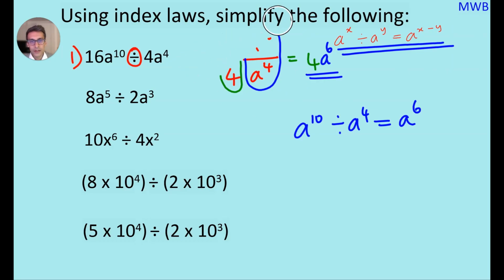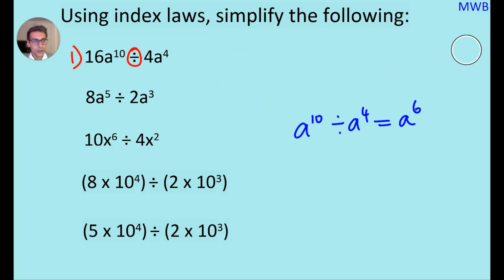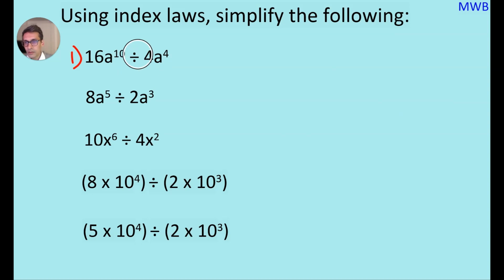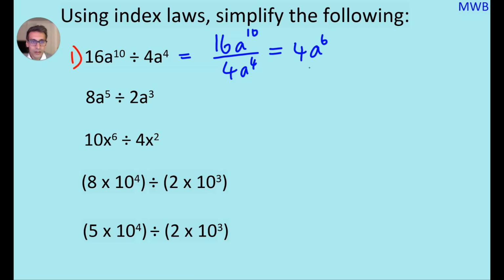Now I'm just going to tidy this up so it's a bit easier to visualize what's happening. This is equal to 16a to the 10 over 4a to the 4. 16 over 4 is 4. a to the power 10 divided by a to the power 4 is a to the power 6.